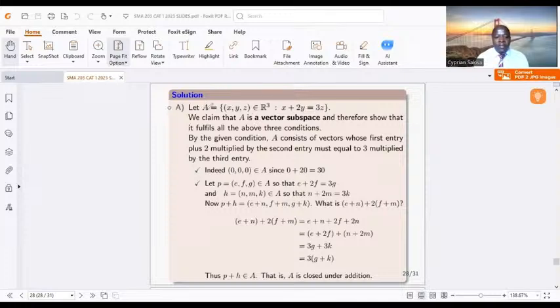Now, what does this subset mean? What do these conditions mean?